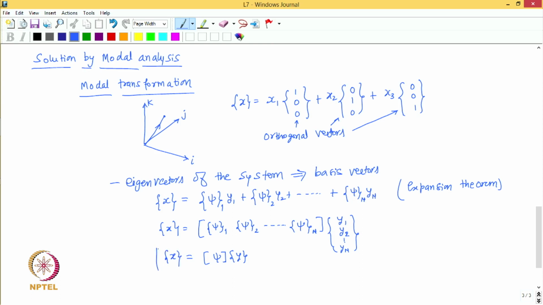This is the compact representation of the modal transformation, where the displacement vector of order n by 1 is transformed to a new vector y through the eigenvector matrix, which is of order n by n.